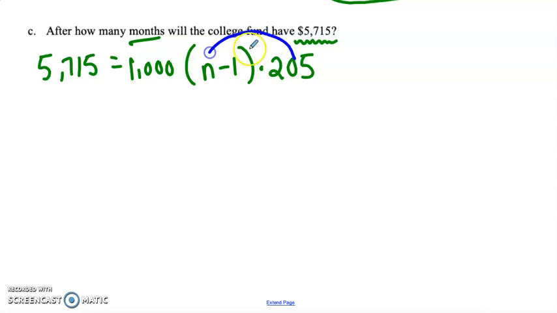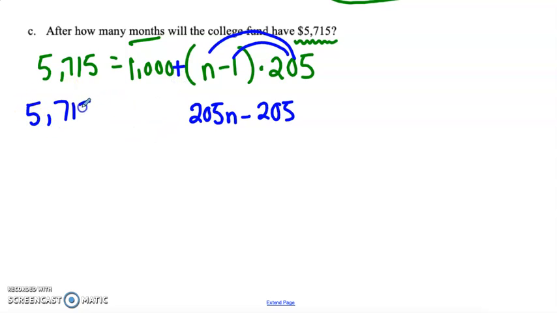So multiply this 205 to both terms. 205 times n is 205n. 205 times negative 1 is just negative 205. I forgot the plus. I hope you guys caught that. 5,715 will go here and drop down our 1,000.